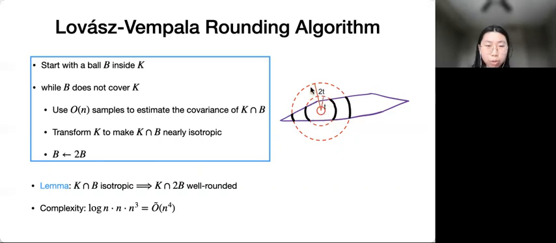And then we double the radius of B, and again sample from this larger body and make it nearly isotropic.